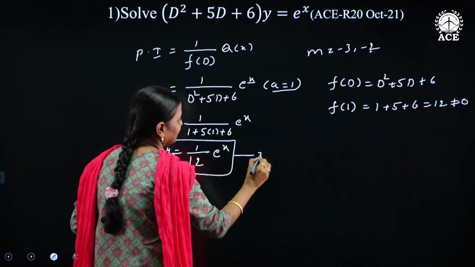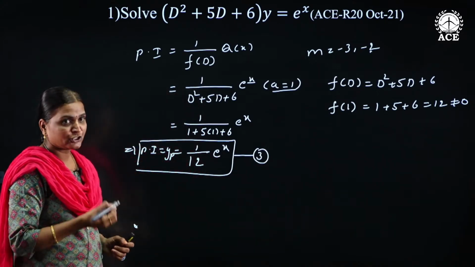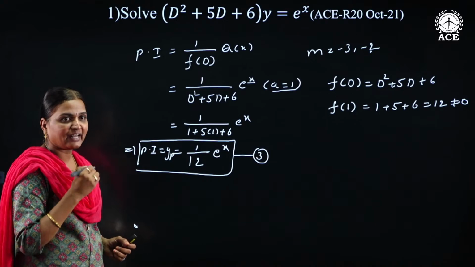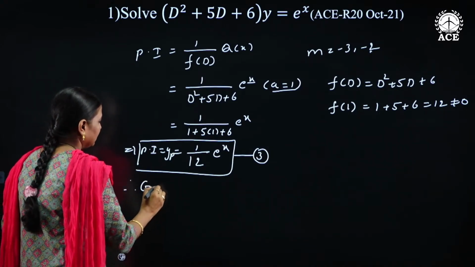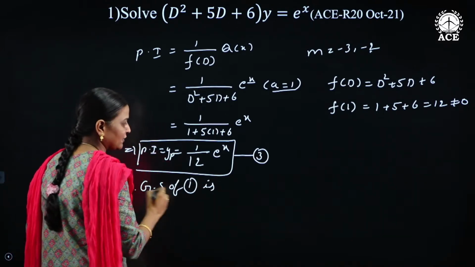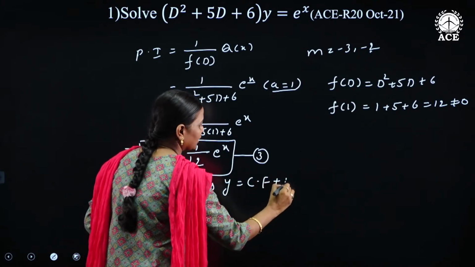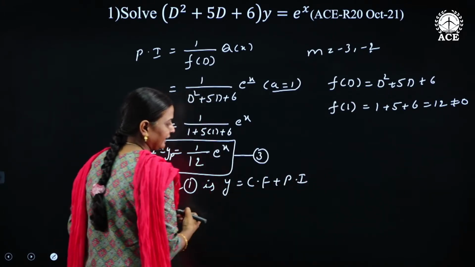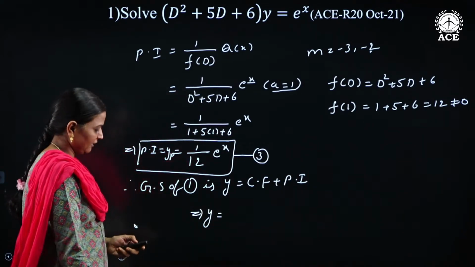This is equation number 3. Solution is not completed. Next, write the general solution. So what is the general solution? Therefore, the general solution of equation 1 is, y is equal to complementary function plus particular integral. So y is equal to, what is the complementary function here?